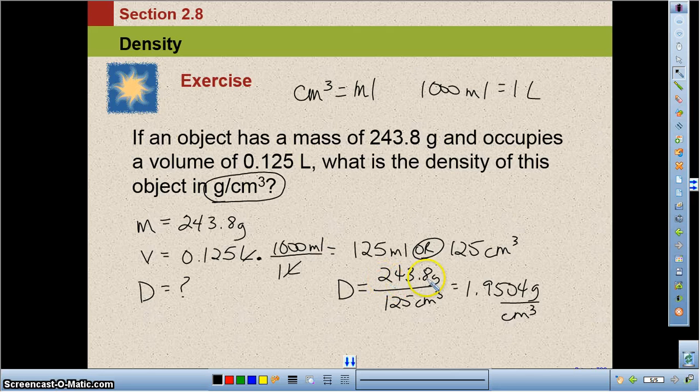We have 4 sig figs on the top, 3 on the bottom, so we're going to keep 3. So 1, 2, 3, this is a 0, so it's going to remain a 5 before it, so 1.95 grams per cubic centimeter, and that's your final answer for that problem.